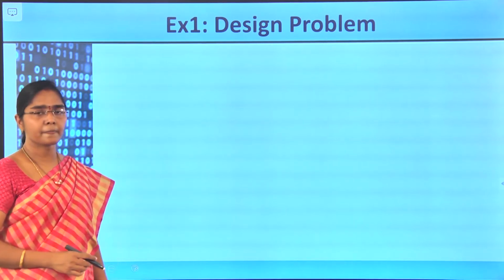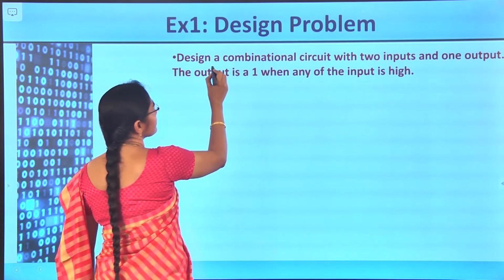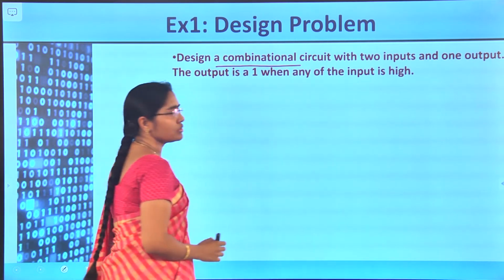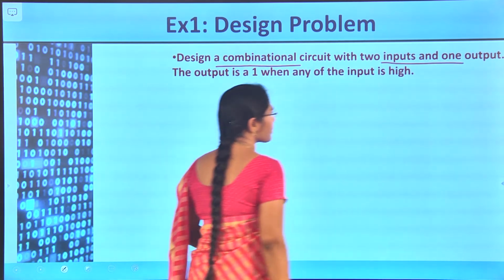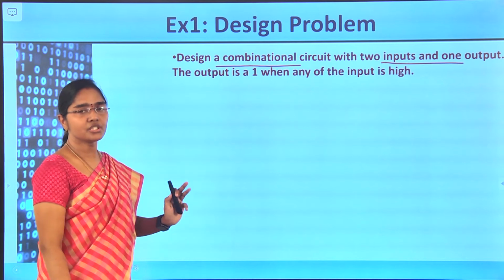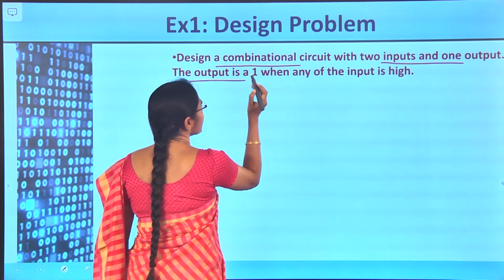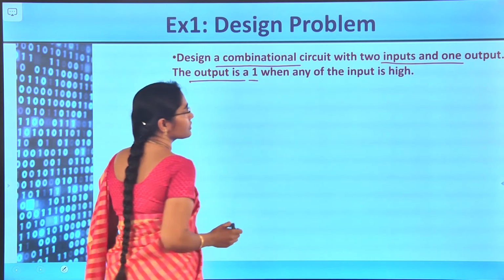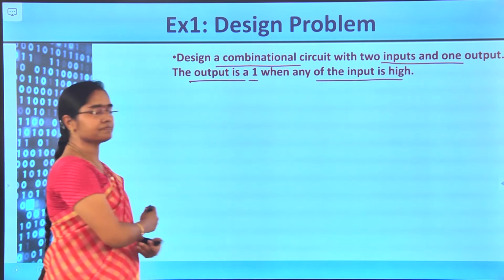First example: design a combinational circuit with 2 inputs and 1 output. So, in the problem statement itself they have mentioned inputs and outputs, and now the output is a 1 when any one of the 2 inputs is high.